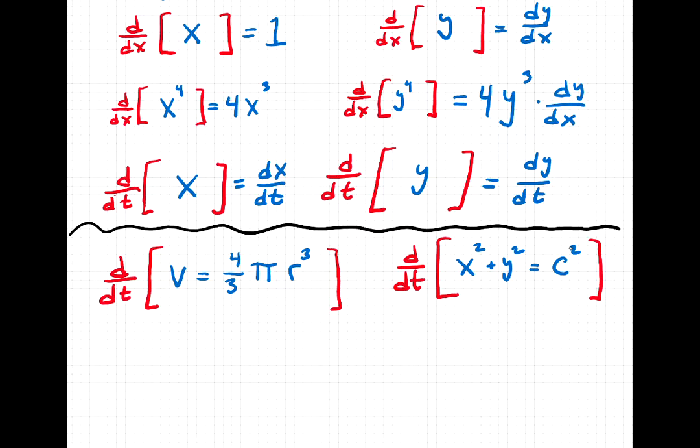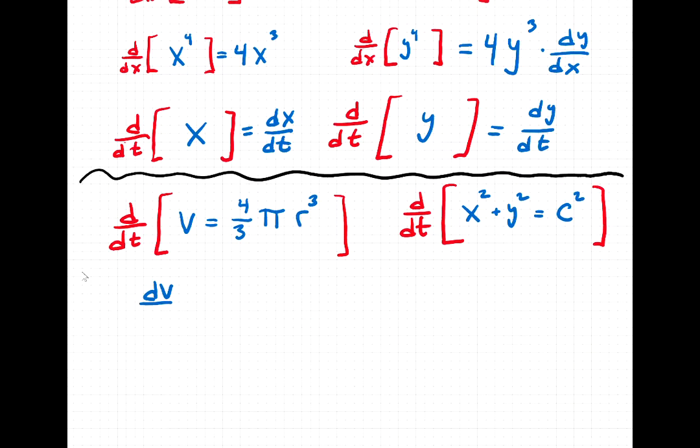So on the left, the formula for volume, well, if we take the derivative of the left, the derivative of v with respect to t would be dv. Oh, sorry about that. We had a slight technical blip.